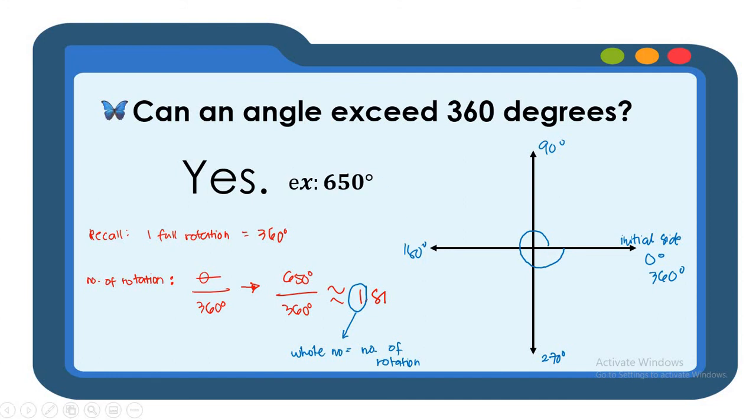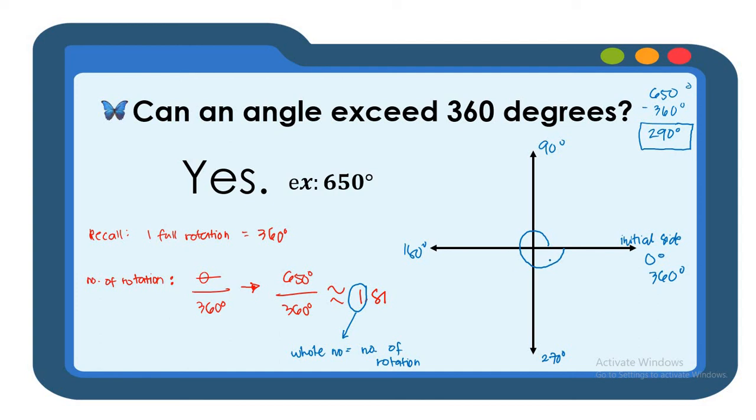We will know that by subtracting 360 degrees from 650. So 650 minus 360, the result is 290 degrees. Now, we already rotated 360 degrees. We need to just add 290 degrees more.